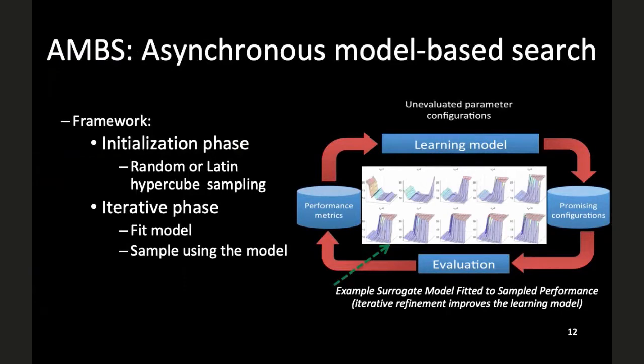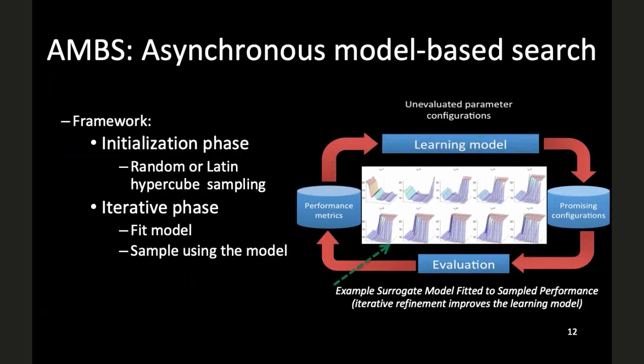So what the learning model sees is the hyperparameter configurations and their corresponding accuracy. It keeps evaluating and learns the relationship between these two, and then generates better configurations in an iterative fashion. That is the second phase of the algorithm.